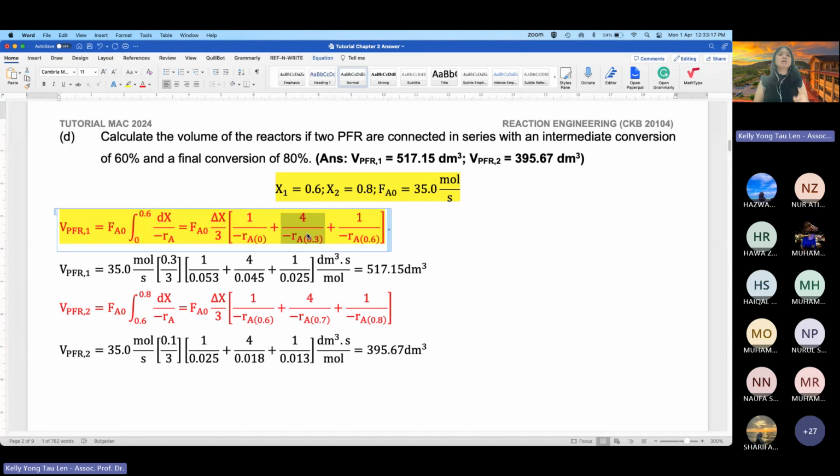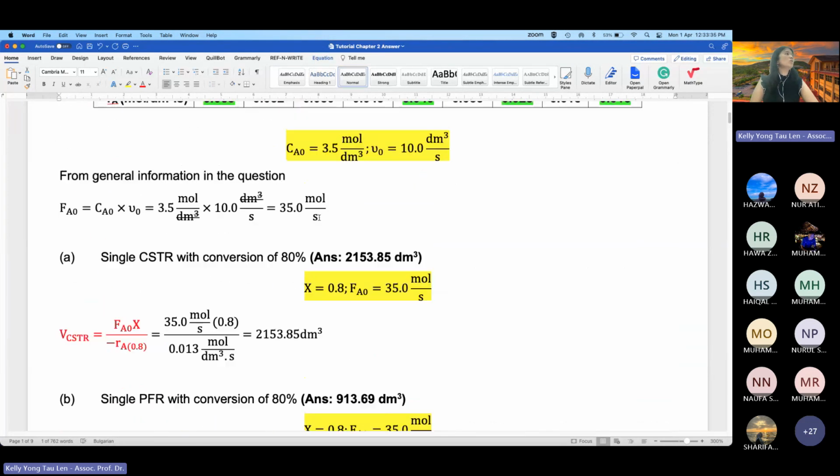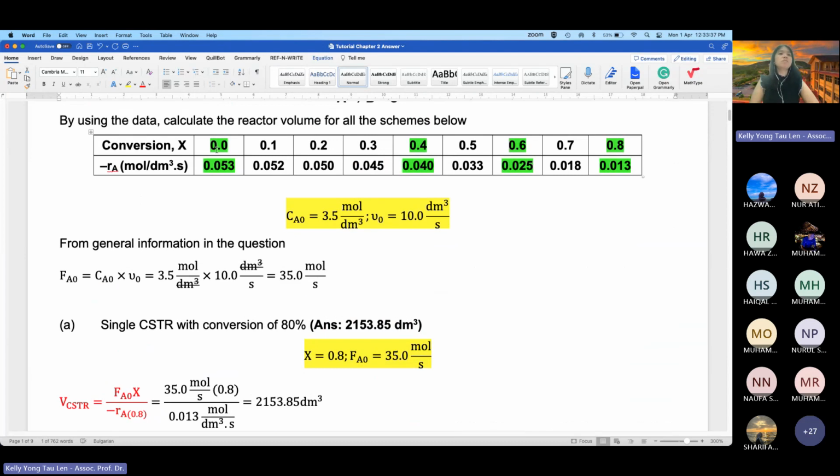So you have to first know your middle X, and then you find the minus RA at your middle X. Again, I repeat, you have to first know your middle X, and then you find your minus RA at your middle X. Okay, so you can now check the table. So we go back to the first table. So at my X0 minus RA 0.053. When my X is 0.3, my minus RA is 0.045. When my X is 0.6, my minus RA is 0.025.